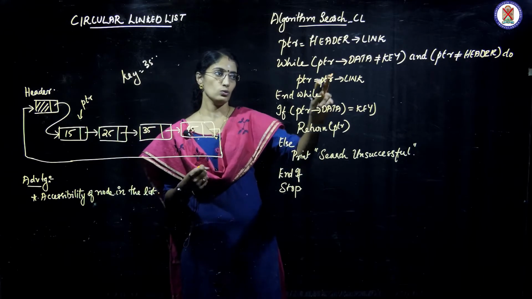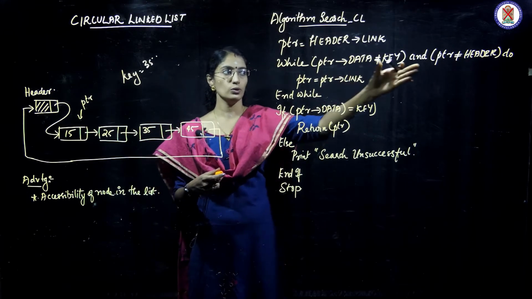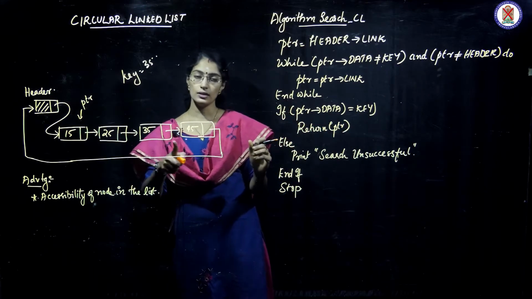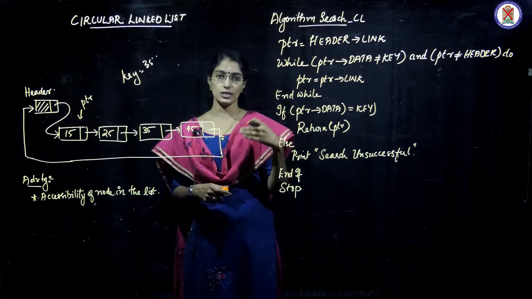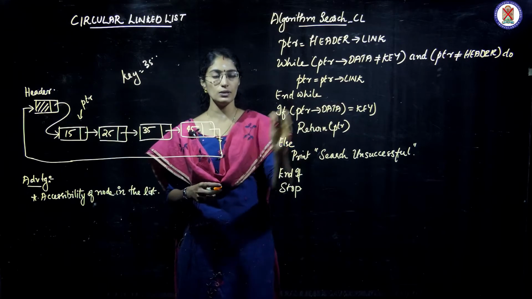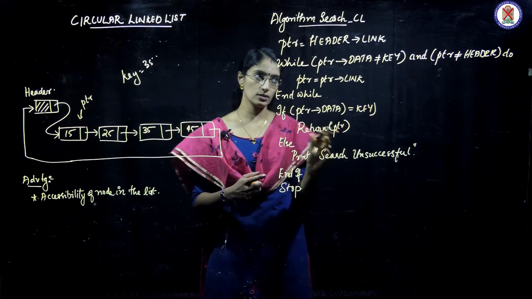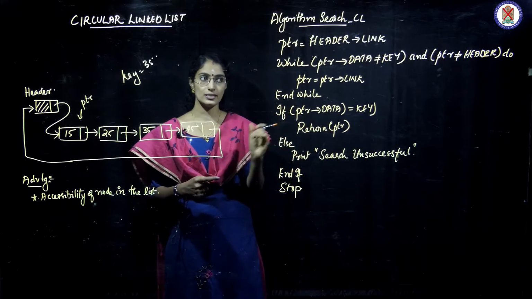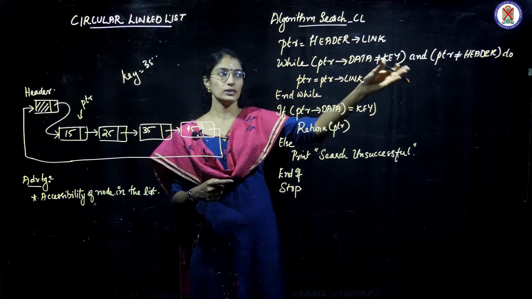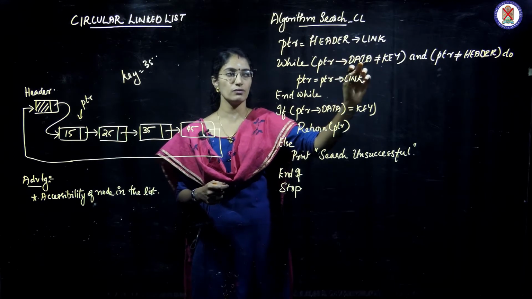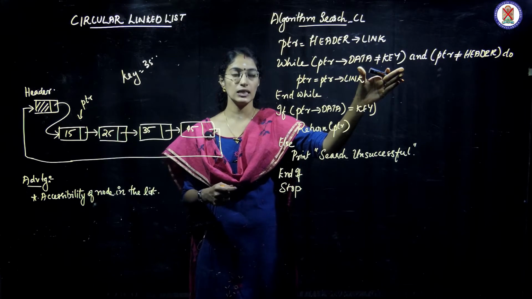If both conditions are true, you have to go forward in the linked list, that is you have to traverse each node, with the single statement ptr equal to ptr of link. The loop exits when either of the conditions becomes false. So suppose this condition becomes false, that is ptr of data part becomes the key value.